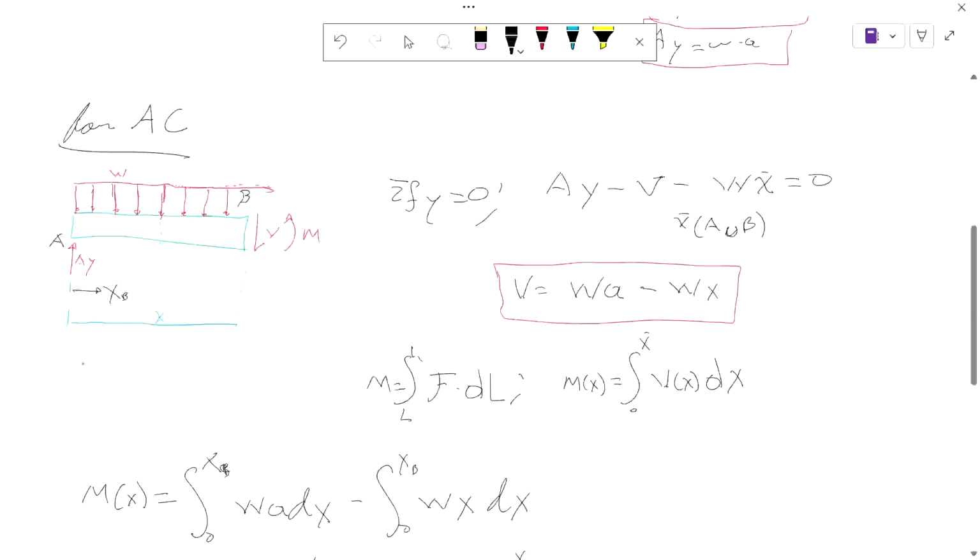We have AY minus the whole load, WA, minus V equals 0. This is V after point B, B as Bravo. So the shear after the distributed load. This force right here is before the distributed load is ending. This point is after the distributed load is ending. So AY is WA, so this point is 0.